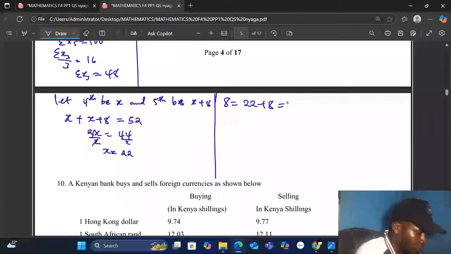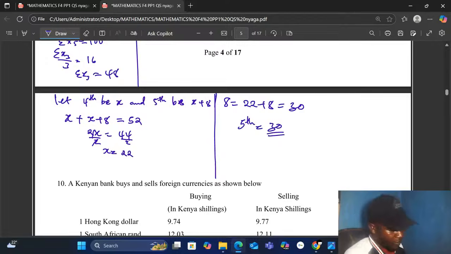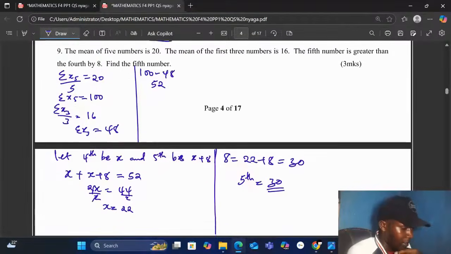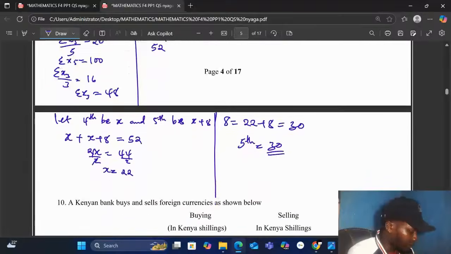Now the 22, the value of x plus 8, which is the difference, so that we get the fifth number. This one and this gives us 30. That is now the value of the fifth number. We are asked to find the fifth number.